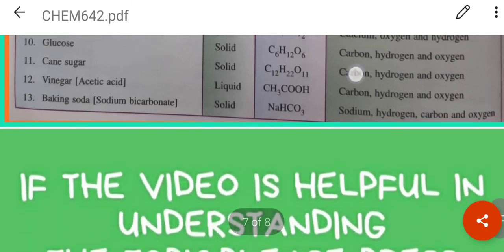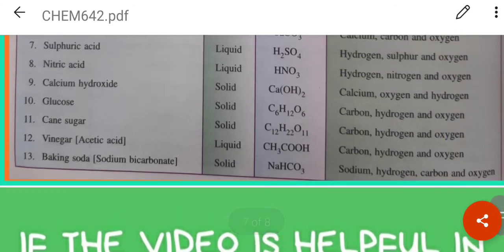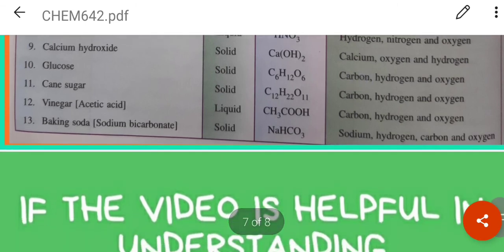Elements present are carbon, hydrogen and oxygen. Vinegar, which is used especially for making pickles and for Chinese food items. Its chemical name is acetic acid. It is a liquid. Formula CH3COOH. Elements present are carbon, hydrogen and oxygen.